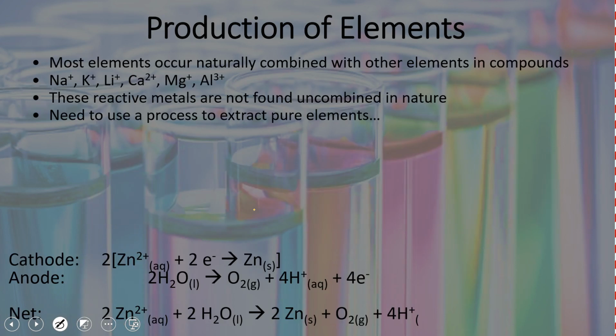Okay, so the last thing that we look at here in terms of application for electrochemical cells is actually the production of elements. A lot of elements that we have don't occur naturally, right? I guess aluminum is one of the few that does, but lead, sodium, potassium, lithium, calcium, magnesium, most of them are not found commonly in nature, so they occur as an ore.